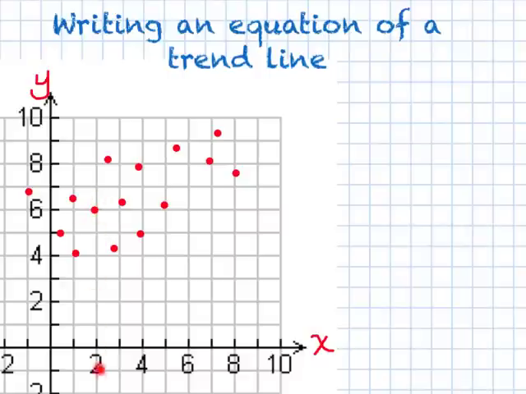It's perfectly at (2, 6). And I also notice this point is perfectly at (7, 8). If I were to draw a line between these points, it looks like a line that would fit that data. So I'm going to go ahead and draw a line through these points.